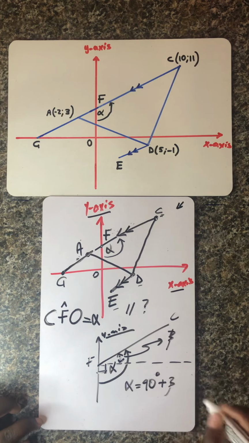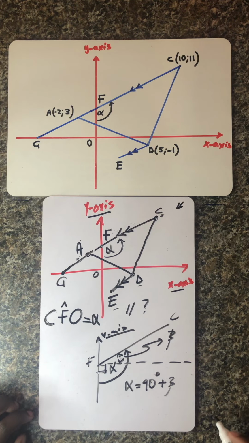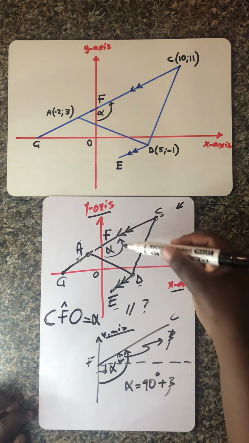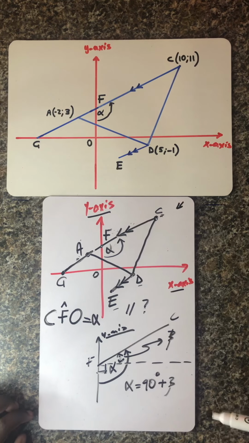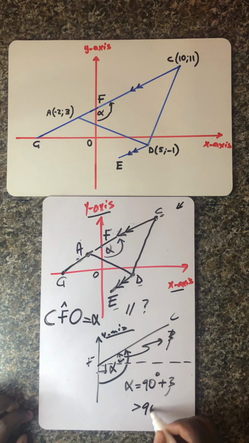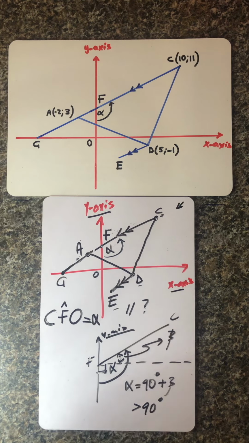Ladies and gentlemen, it's very much important that you understand this type of information, because when you're required to calculate that angle, you already know your final answer should be greater than 90 degrees. Very much important, ladies and gentlemen. So now let's firstly check the given statement. I'll just read it out.